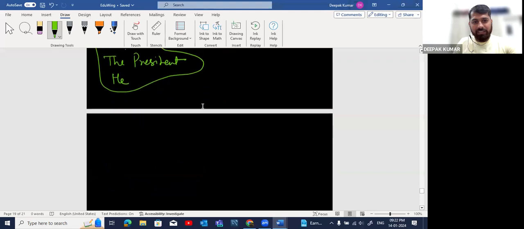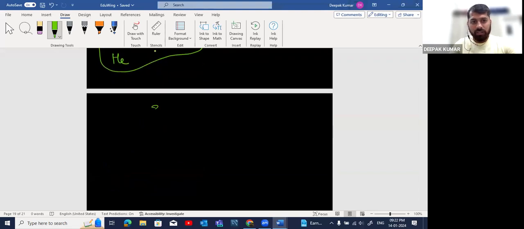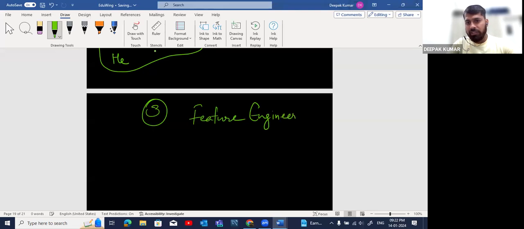Then after this, we go for our third thing, which we call feature engineering. That's a very detailed topic. I will definitely take feature engineering in detail in coming lectures, but today I'll give you a glimpse of what is meant by feature engineering, especially in text mining.